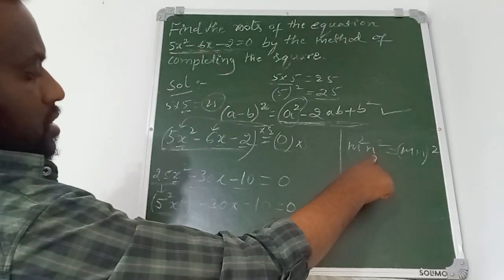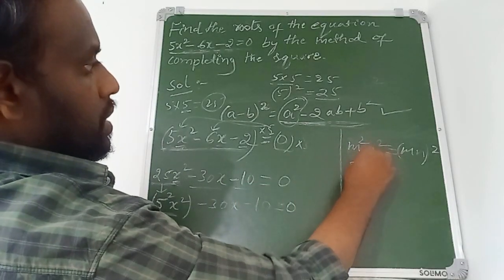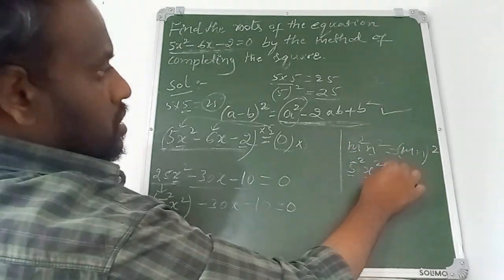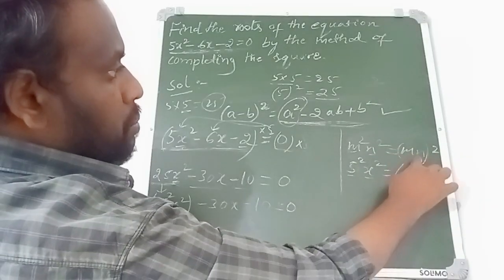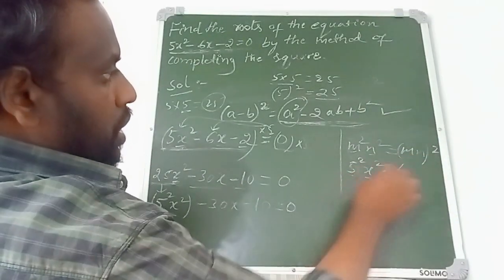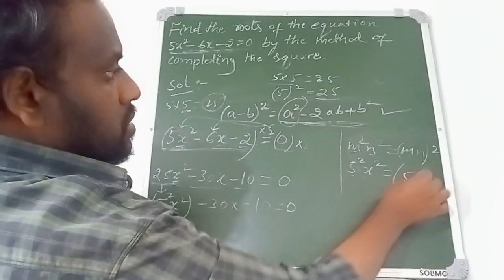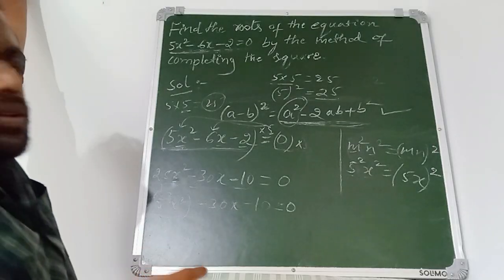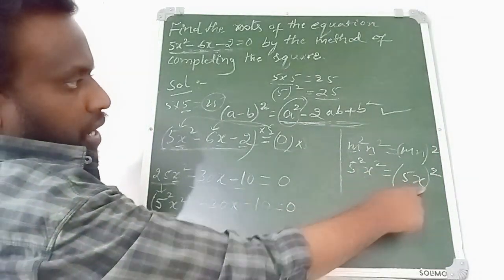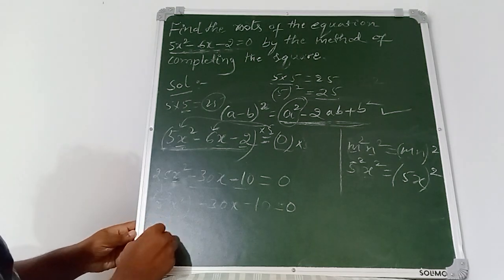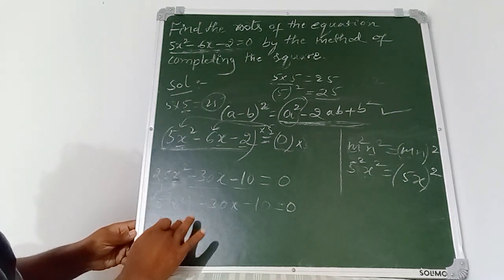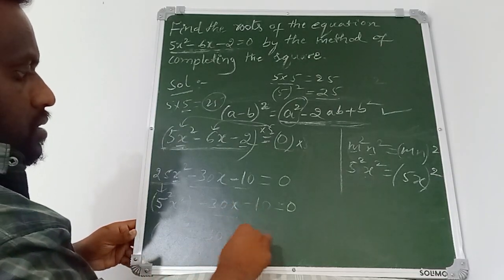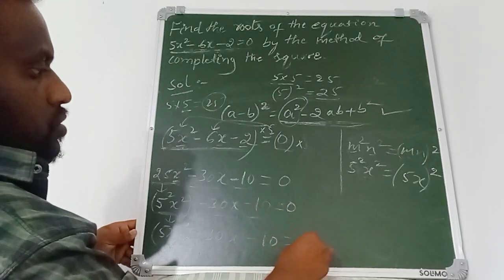In place of m square n square, we have 5 square x square. M is equal to 5, n is equal to x. So according to this formula, it is mn whole square, where m is 5 and n is x, whole square. Now 5 square x square is equal to 5x whole square. I am writing 5x whole square here, 5x whole square minus 30x minus 10 is equal to 0.